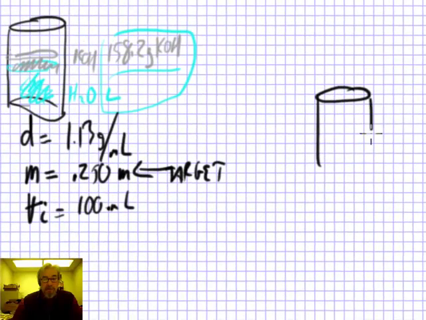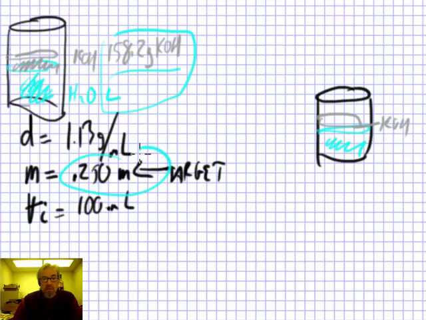So the question is this: when the technician goes to make this solution, she's going to have in here some water. She's also going to have in there some KOH. What does she need to do to make this target 0.250 molal solution?